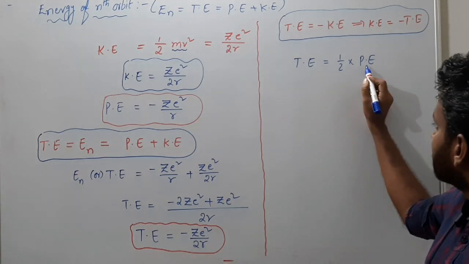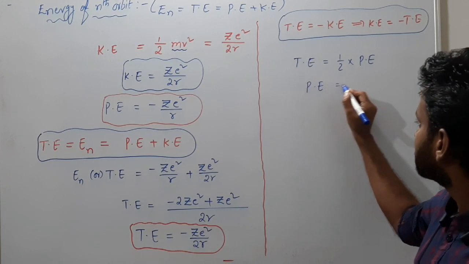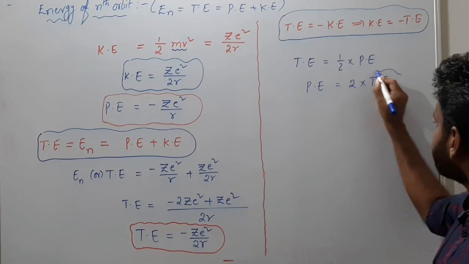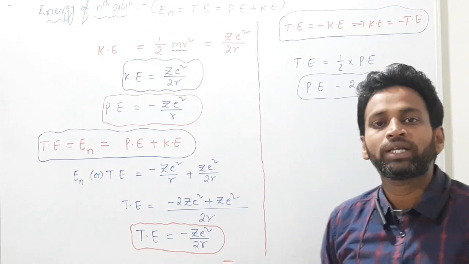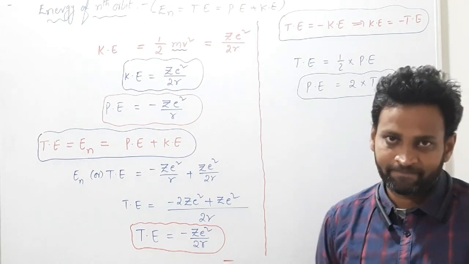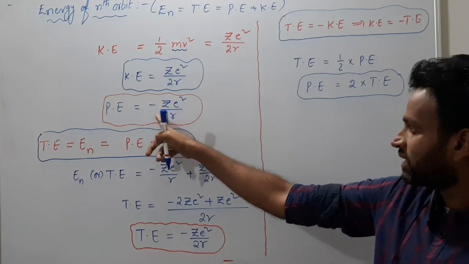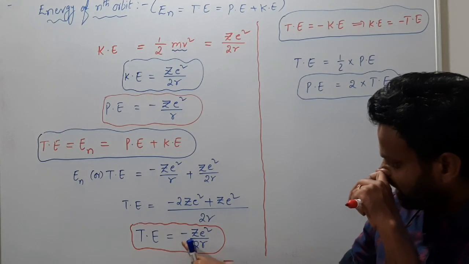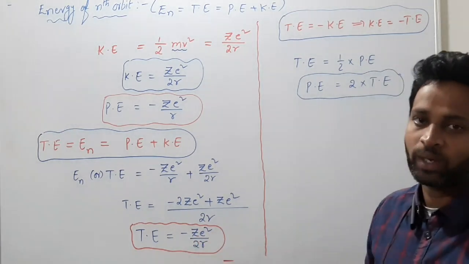So total energy is equal to half into potential energy. Therefore potential energy is equal to 2 into total energy. So if total energy is x, then potential energy is 2x. Getting? Because in the denominator, 2 is not there for potential energy. So for total energy, you have minus Ze square by 2r.